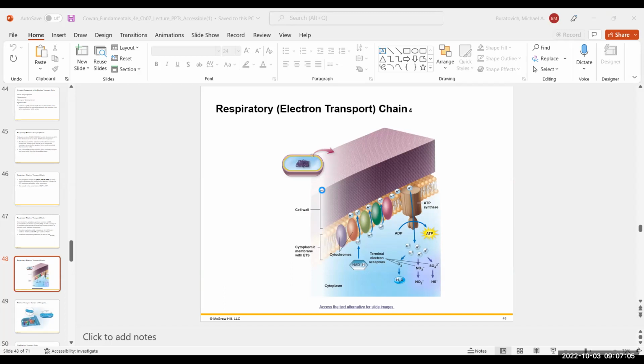So here are two examples. We have an ethanol fermentation where you take pyruvate and decarboxylate it using a pyruvate decarboxylase enzyme. And then that acetaldehyde is reduced by aldehyde dehydrogenase to form ethanol.